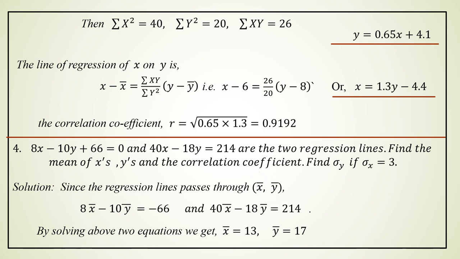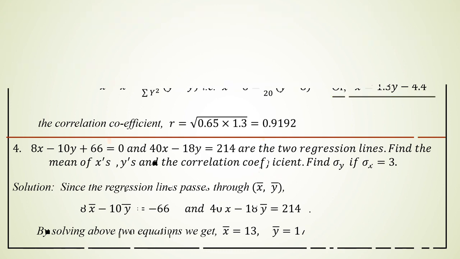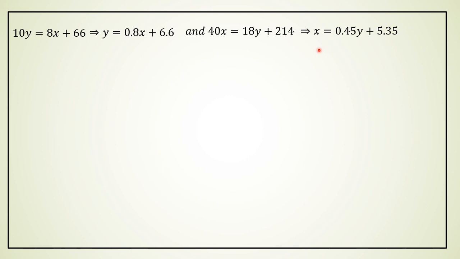Now we will find the correlation coefficient. In order to evaluate the coefficient of correlation, try to rewrite the given regression lines. We know that one of the regression lines is 10y is equal to 8x plus 66, dividing throughout by 10, so that you have y is equal to 0.8x plus 6.6, and the other regression line is 40x is equal to 18y plus 214, which implies x is equal to 0.45y plus 5.35.